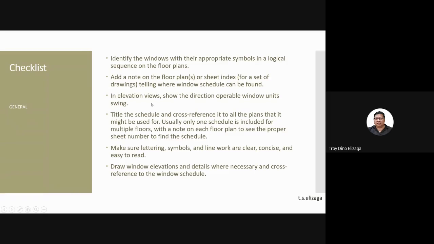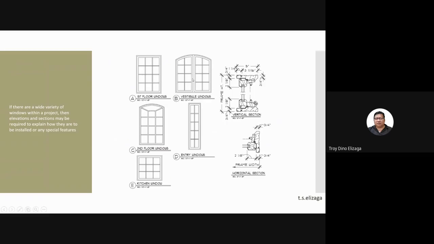Okay, so let's go back here. So here, again, this is not a good example because, for example, the B vestibule window, I think this is supposed to open, so you should have that hidden arrow line, which forms an arrow to indicate where the hinges are located in the window.